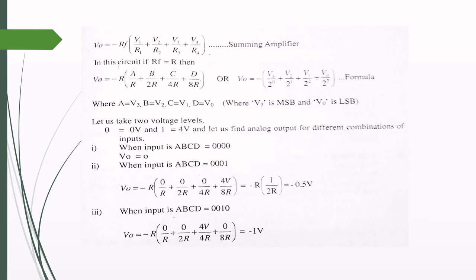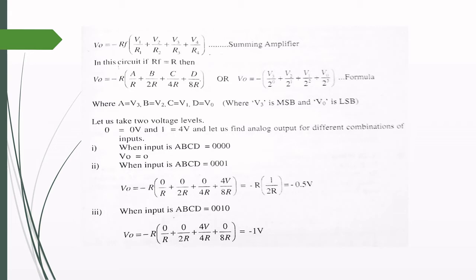Or we can also say that VO is equal to minus V3 upon 2 raised to 0 plus V2 upon 2 raised to 1 plus V1 upon 2 raised to 2 plus V0 upon 2 raised to 3, where A is equal to V3, B is equal to V2, C is equal to V1 and D is equal to V0. Let us now take two voltage levels, 0 is equal to 0 volt and 1 is equal to 4 volt. And let us find analog output for different combinations of inputs.